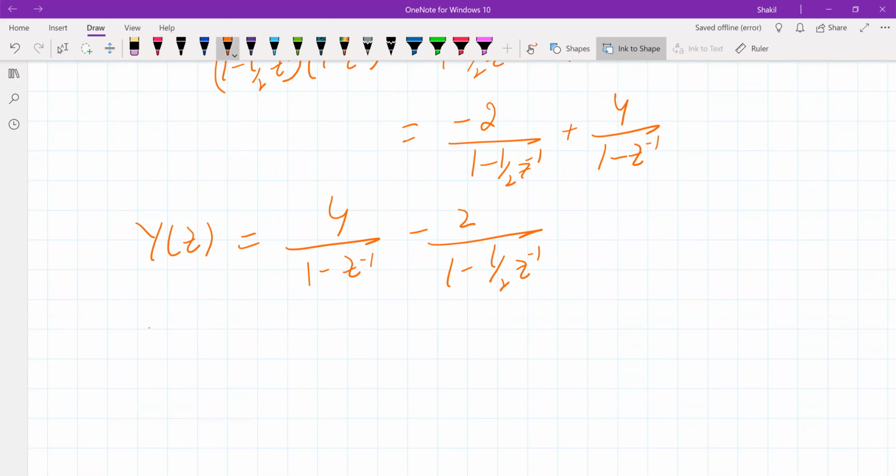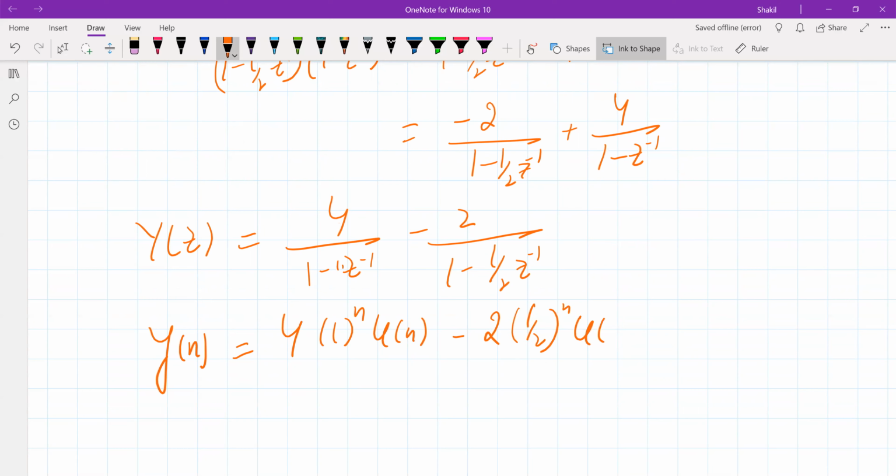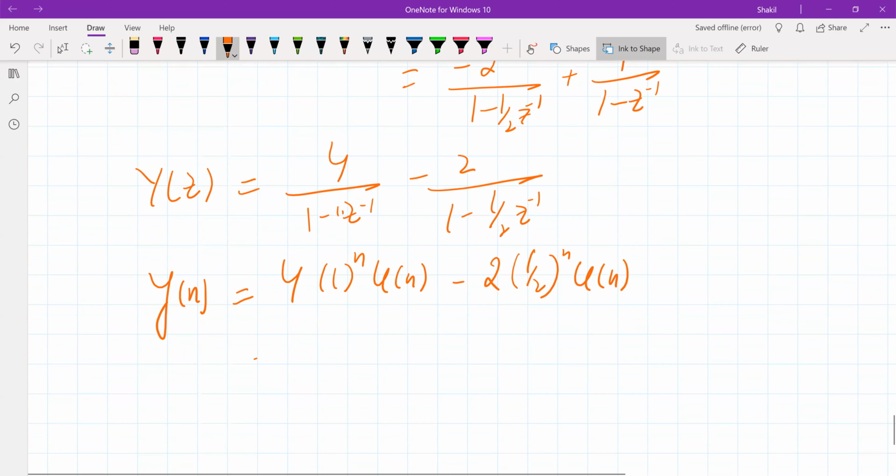Now taking the inverse Z transform, for a causal signal, this will be 4 times 1 to the n, u of n, minus 2 times (1/2) to the n, u of n.